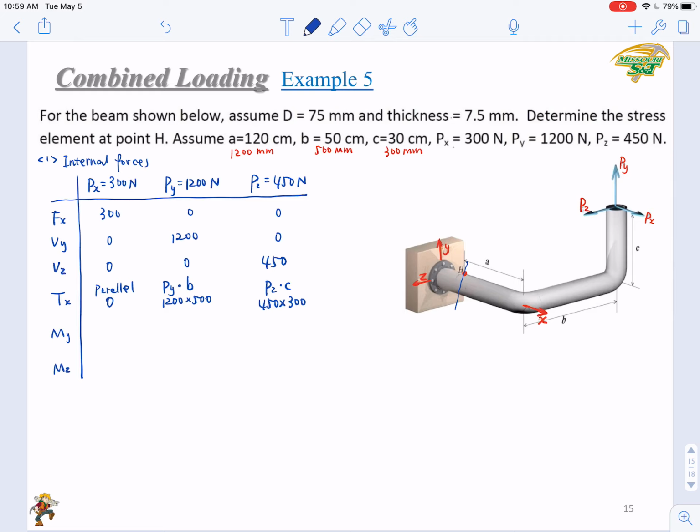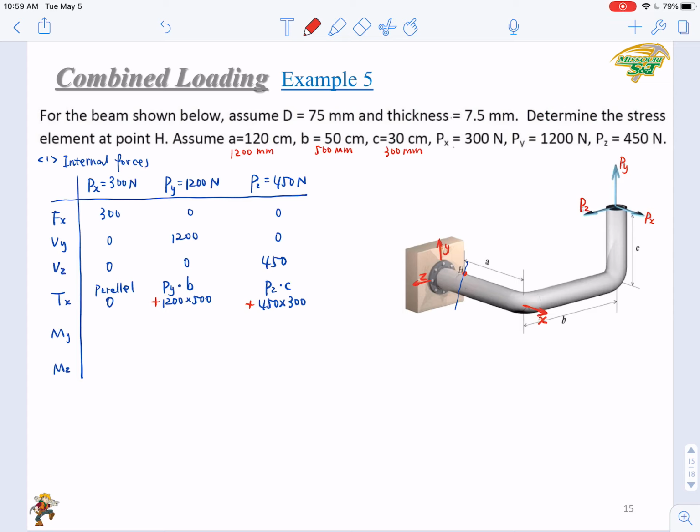Will the Py B be in the same direction as your fingers? Yes, meaning that it's positive, right? So this is a positive torque. How about Pz C? Pz times C, right hand rule. You can determine that this is a positive torque again. Okay, both of them are positive.